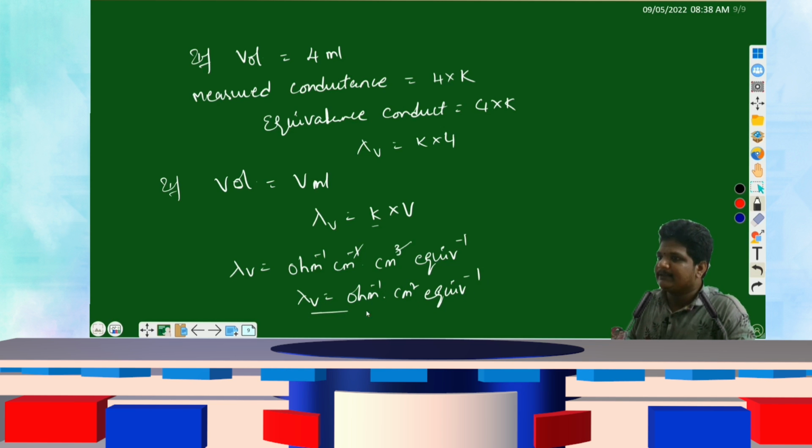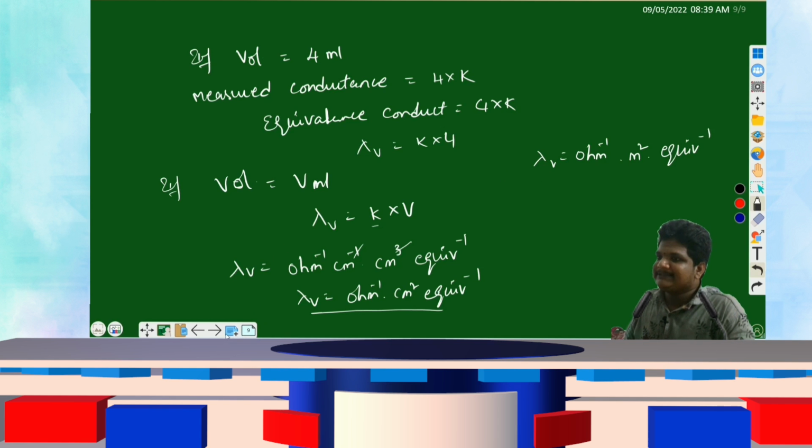It can also be represented as ohm inverse meter square equivalent inverse. These are the units of equivalent conductance.